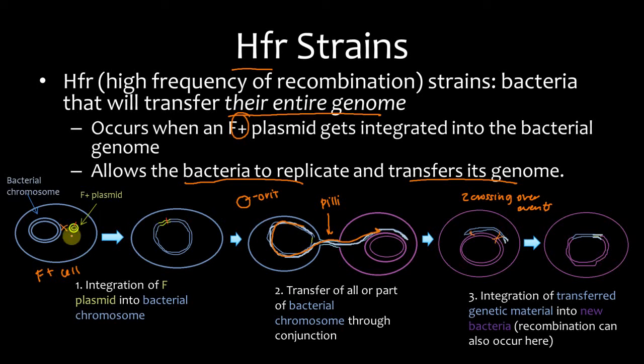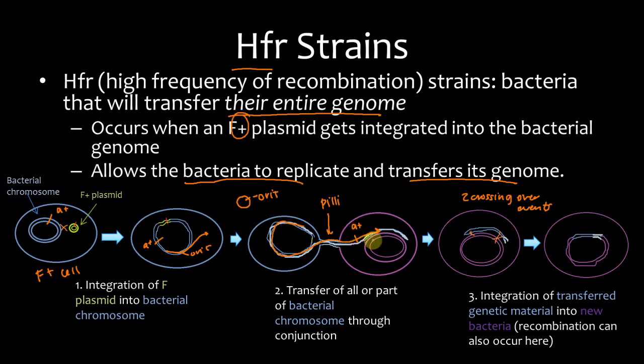So for example, let's say that the bacterial chromosome, let's say we have the A gene, we just like to say the A gene, or the A plus gene, because that's going to be your grade in genetics, absolutely. So we have the A plus gene, obviously that's not going to change when we integrate the F plasmid, but here, let's say that this is the oriT. So as this chromosome starts going, right, here, the A gene comes with it, okay?